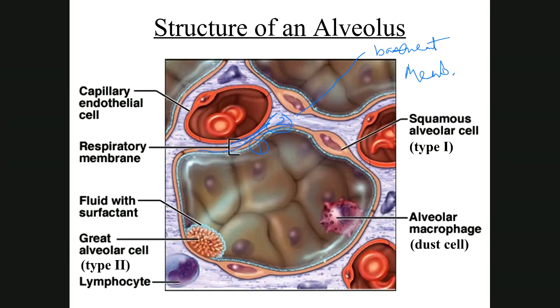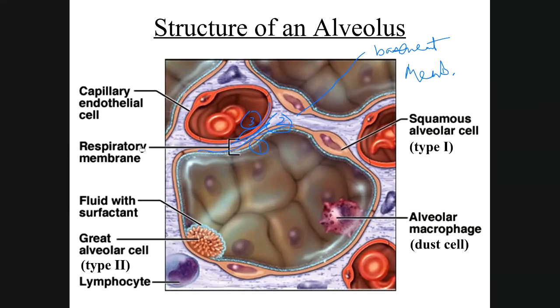And then you have this right here, called the endothelial cell, the endothelial cells of the blood vessel, right? So that's three components right there: type 1 alveolar cells, the basement membrane, and the endothelial cells of the blood vessel, that constitute the respiratory membrane.